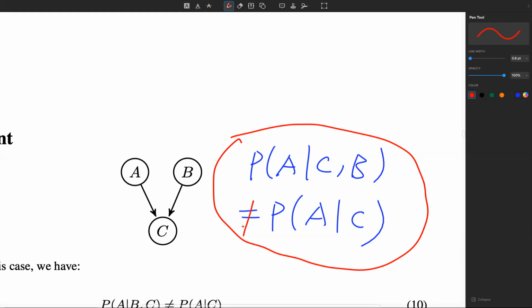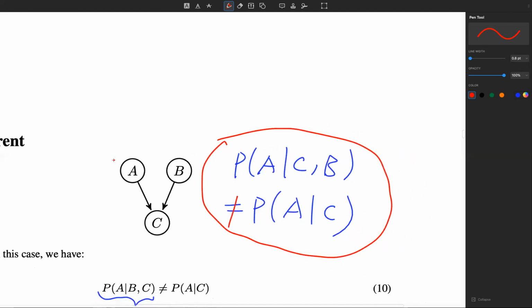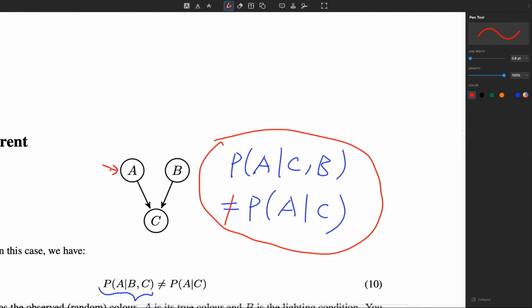So the example I typically try to use to tell people is that imagine A is the true color of a ball, and this is the lighting condition, and this is the observed color.